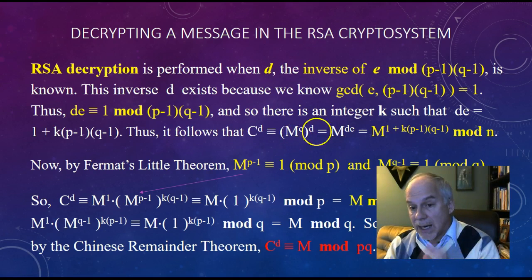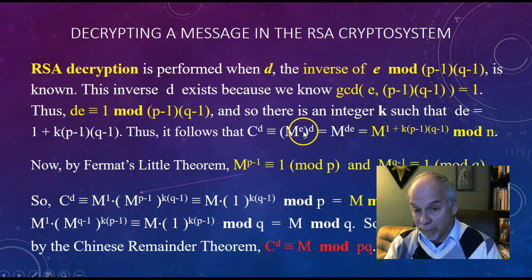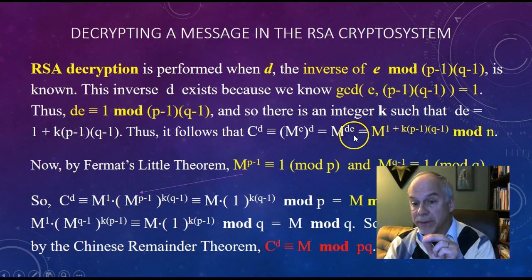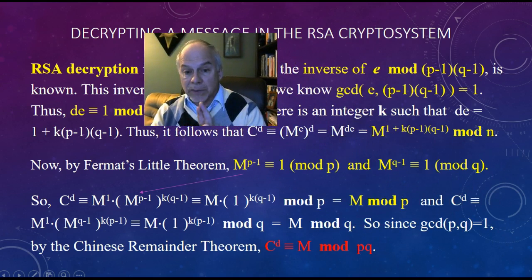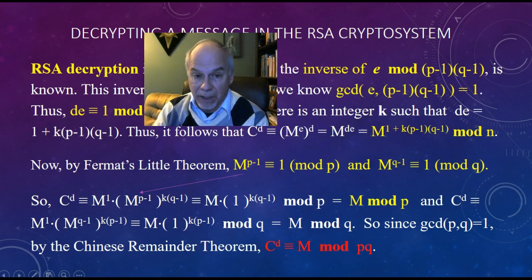Then M to the power of E to the power of D would be M to the DE power, because when you have a power to a power, you multiply the exponents. But we know that D times E is equal to 1 plus k times P minus 1, Q minus 1. So I replace DE with that exponent, 1 plus k times P minus 1, Q minus 1, and then using mod n. Now Fermat's little theorem comes into play here.